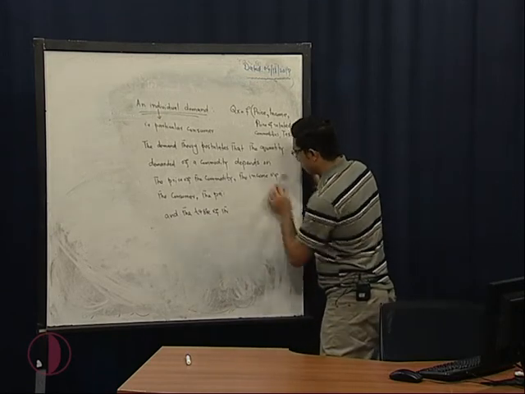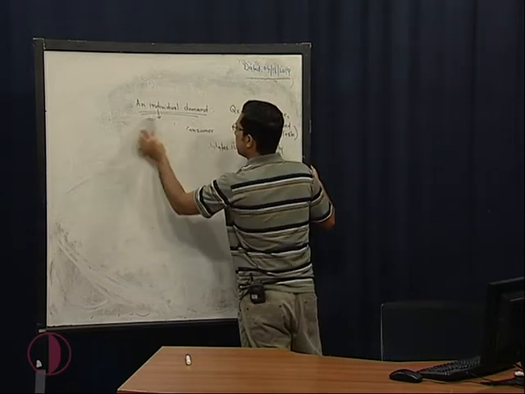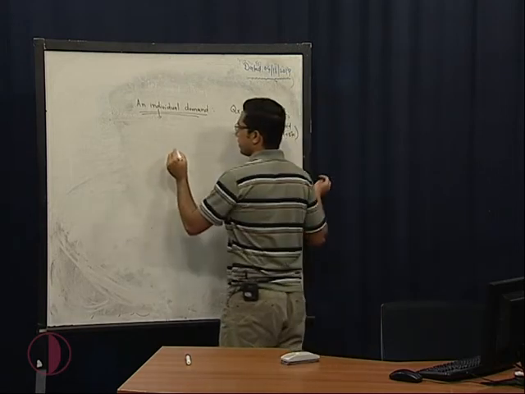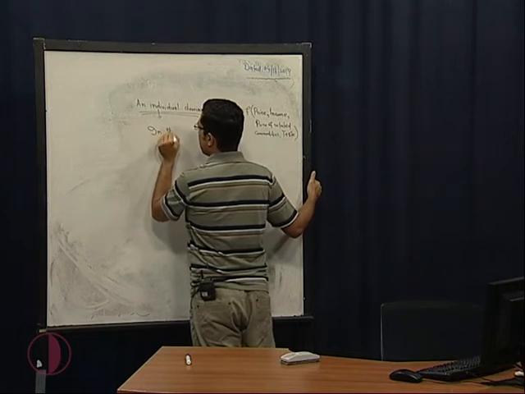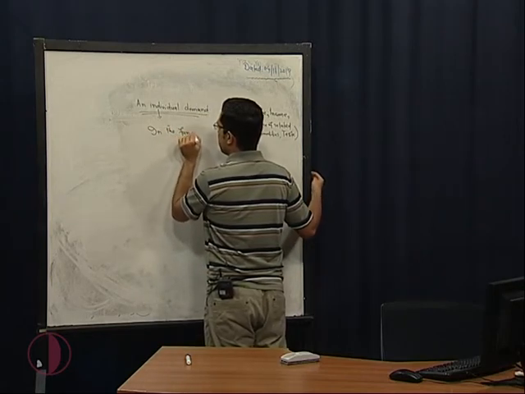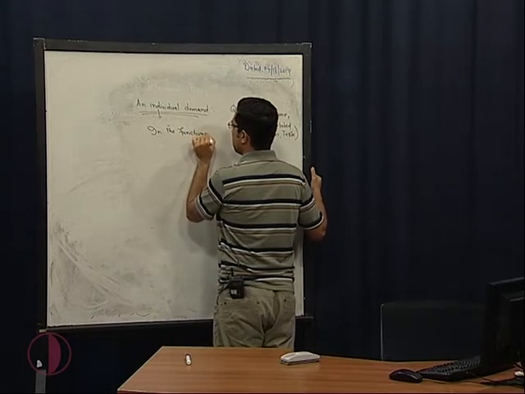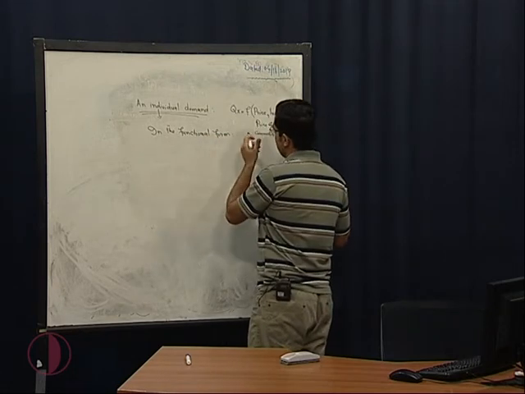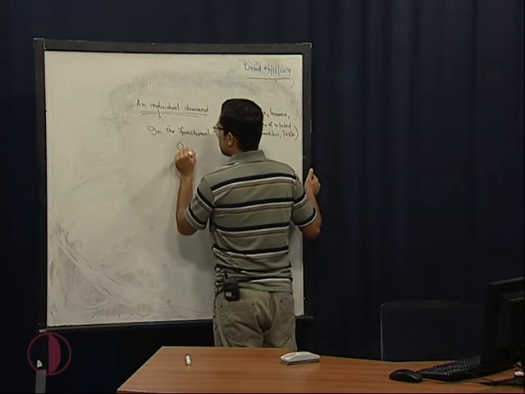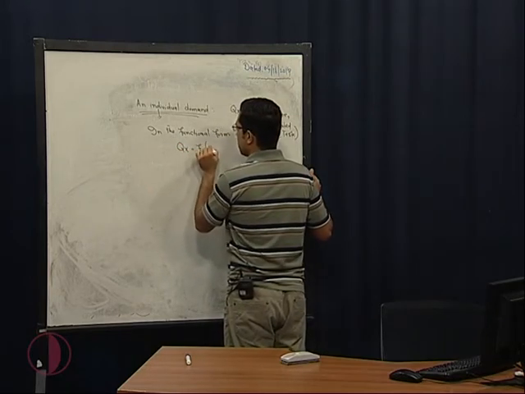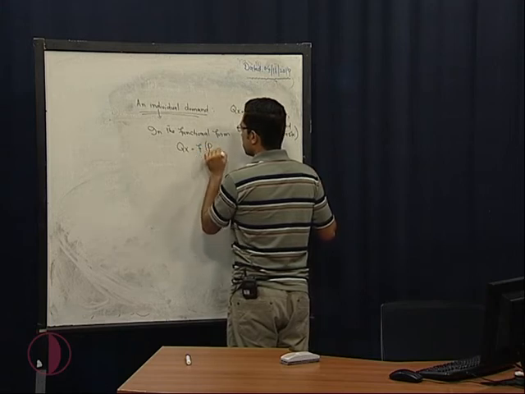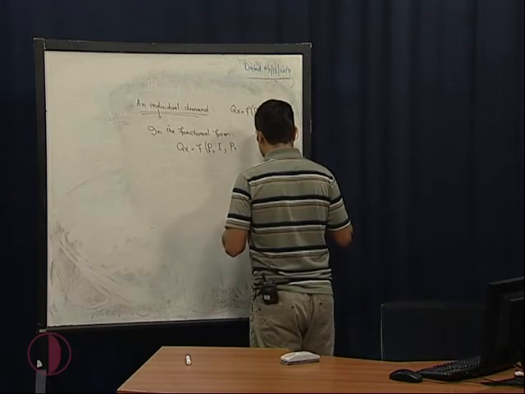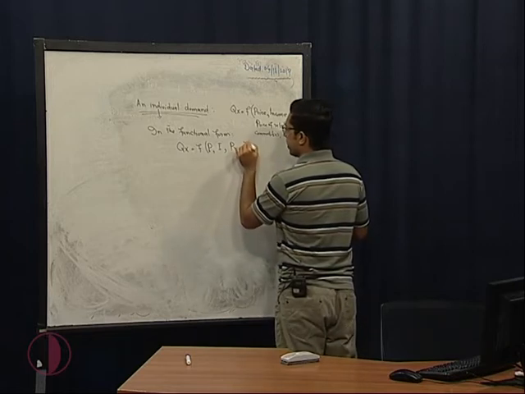Let me write it in functional notation. In the functional notation, I can write the demand theory as: quantity demanded is a function of price, income, price of related goods and taste.